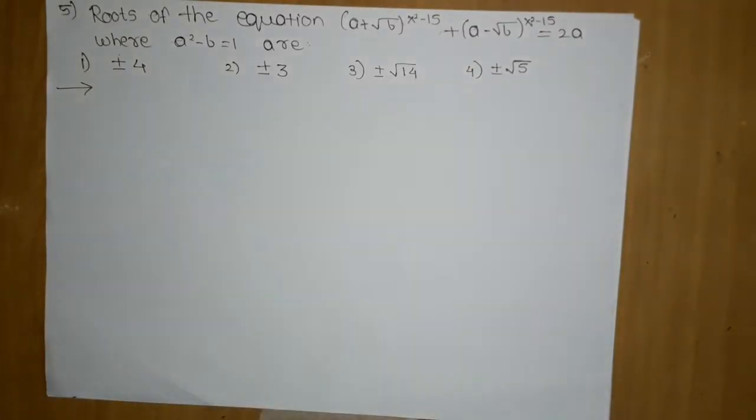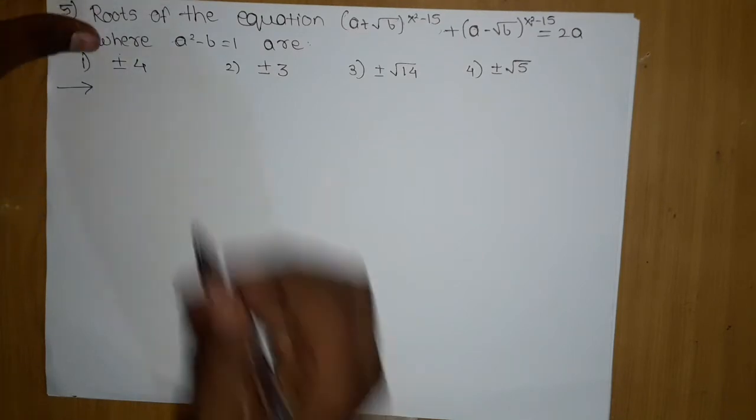So first we want to establish a relation between these two terms, a plus under root b and a minus under root b. If we establish a relation between these two terms, we can try to make it a quadratic equation.